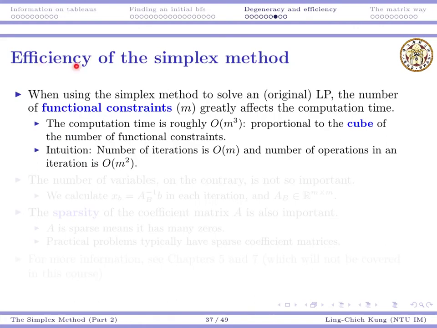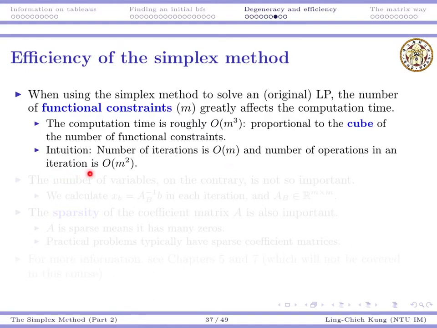Regarding the efficiency, let's say some more. When we use the simplex method to solve a problem, the number of functional constraints has a larger impact on the computation time. Some advanced results have shown that roughly the number of iterations we need is proportional to the number of functional constraints.